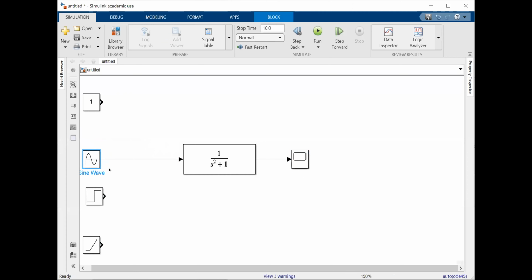So let me see, where are my simulation parameters? Okay, so they come under model setting, model properties. Let me see, callbacks, no, format, no, modeling, subsystems, model advisor, simulation.